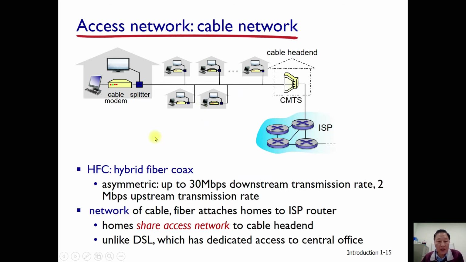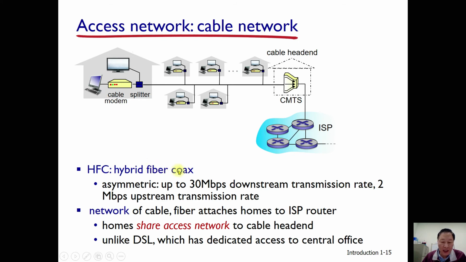And this one is showing the cable network and a little more. And here, the internet service provider's infrastructure is hooked up here to provide internet service. Another technology is hybrid fiber coaxial.